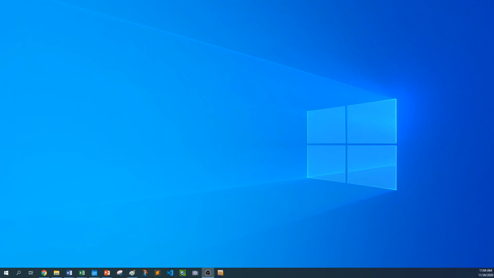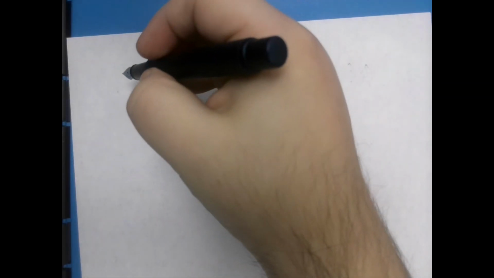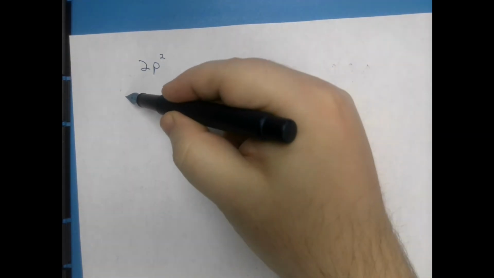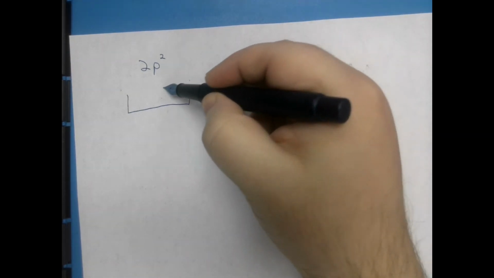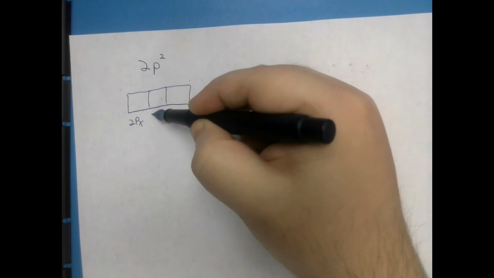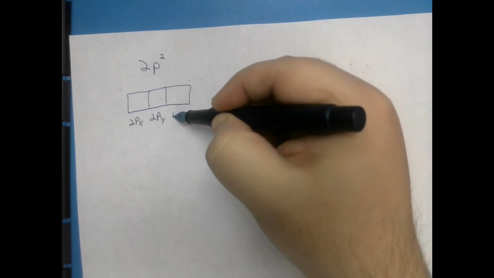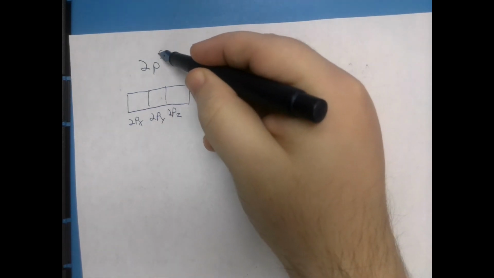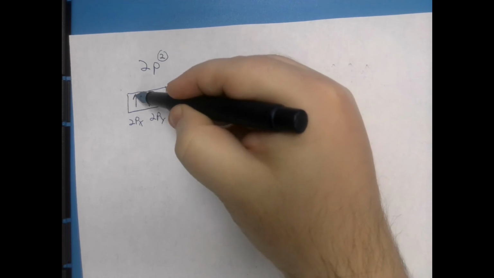By the way, this is shorthand. So there is longhand and shorthand. So 2p2 is the shorthand. The longhand version is we have 2px, 2py, and 2pz. This 2 tells us that there are 2 electrons.